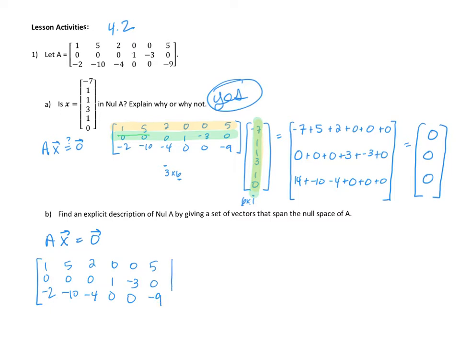Times what gives 0, 0, 0. So I'm going to augment with 0, 0, 0, row reduce, and see what I get.